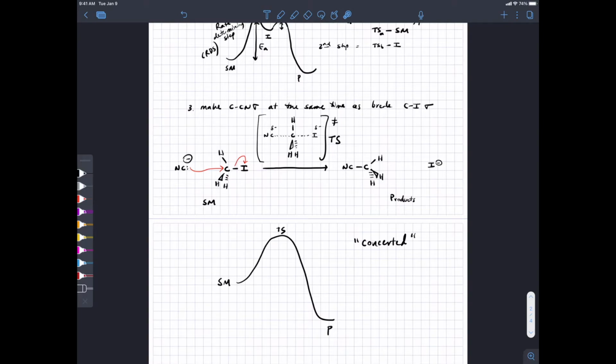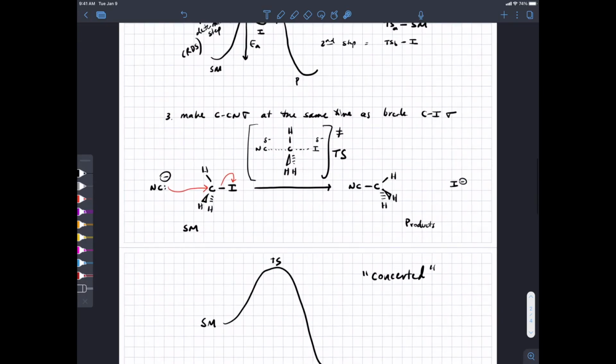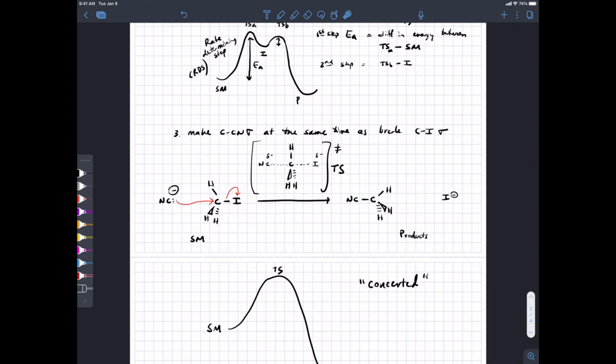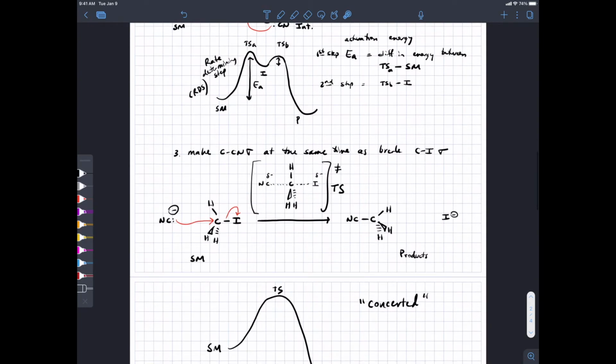Yeah? Would the transition state energy be higher than what you see in the other ones? That is a great question, and the answer is it depends.